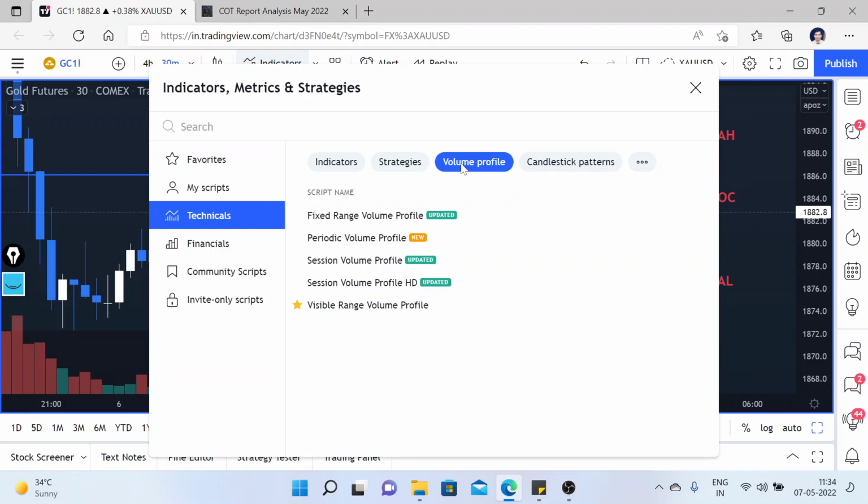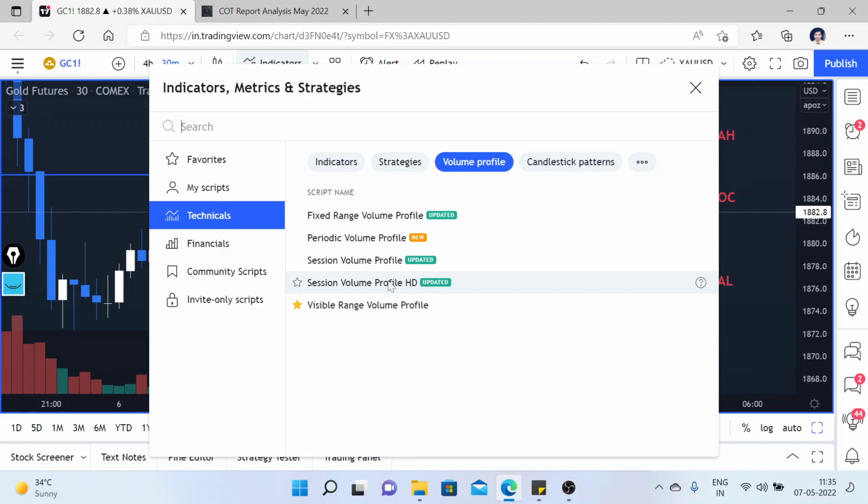In the volume profile there are different types of volume profile options here. I'm going to discuss the one that I use. We will discuss more about these later in this video, or I will discuss in the next video.